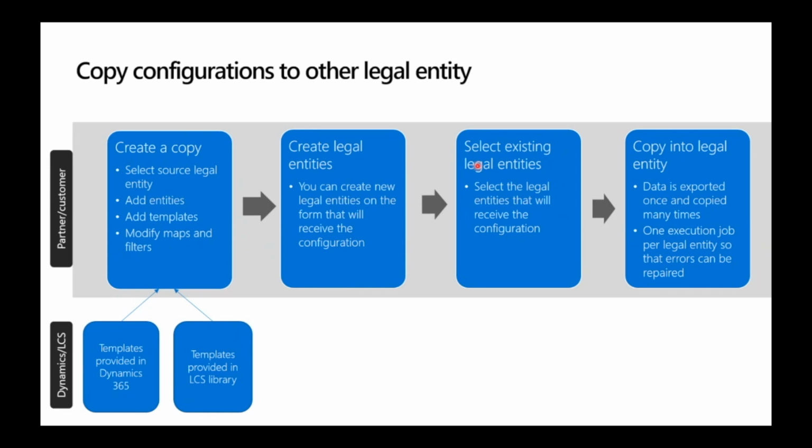So this can all be done from the same form within the data management workspace, also the creation of the new legal entities or selecting the legal entities, and then you will just execute the copy. So the data will be extracted once, and then we will have different jobs running in parallel for importing the data into the different destination legal entities that you have selected.